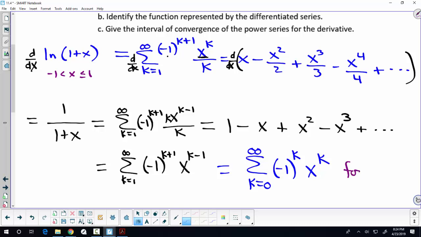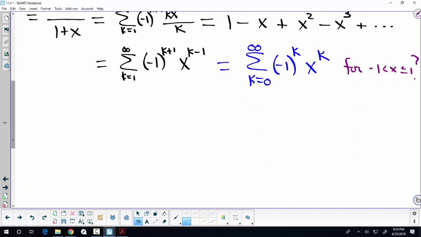So, well, we've got to question this now. There's a question mark, because that was the original interval of convergence for the ln of 1 plus x. Since we've taken the derivative, now we have to check these endpoints.